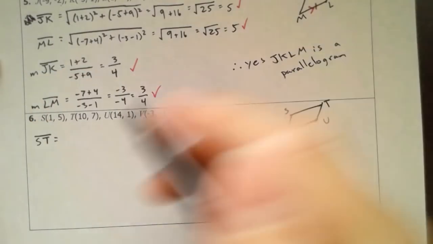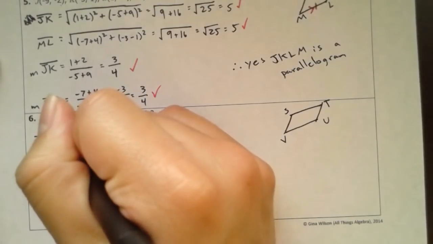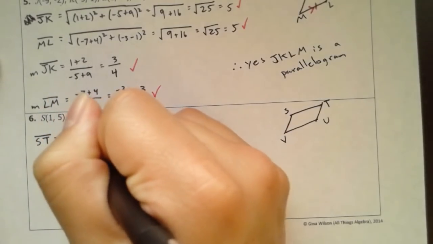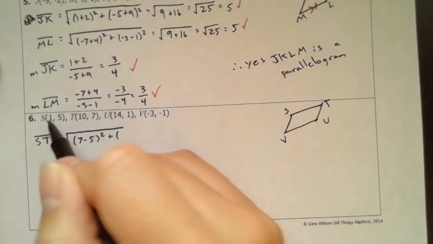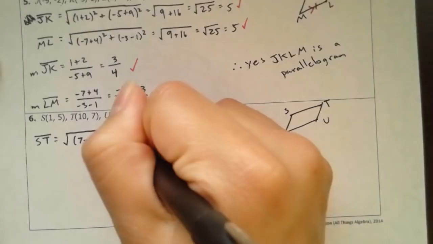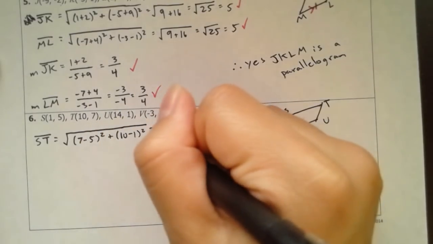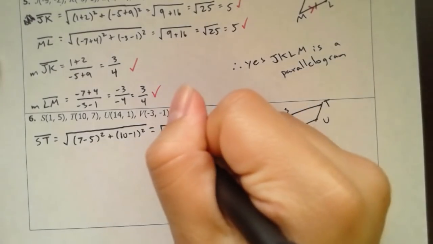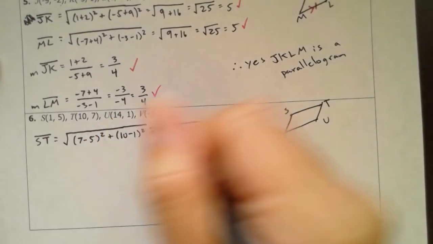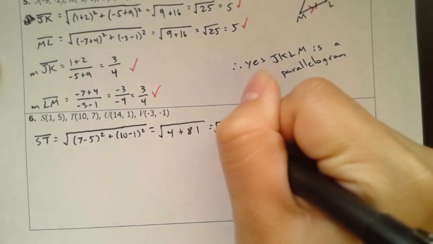ST, so 7 minus 5 squared plus 10 minus 1 squared. 7 minus 5 is 2, 2 squared is 4, 10 minus 1 is 9, 9 squared is 81, and this gives me square root of 85.